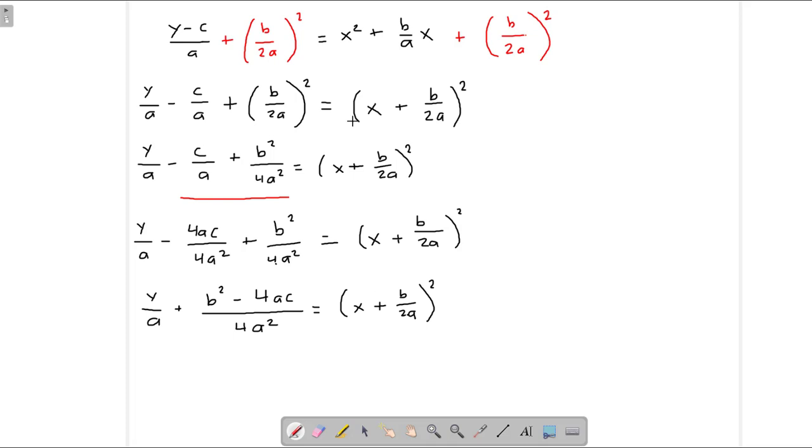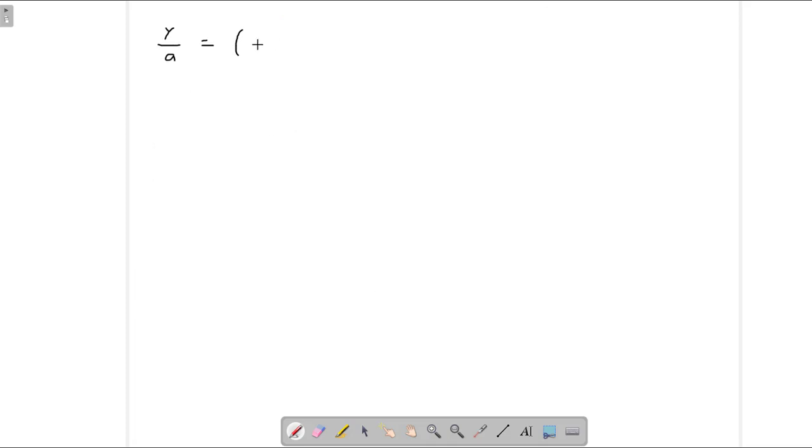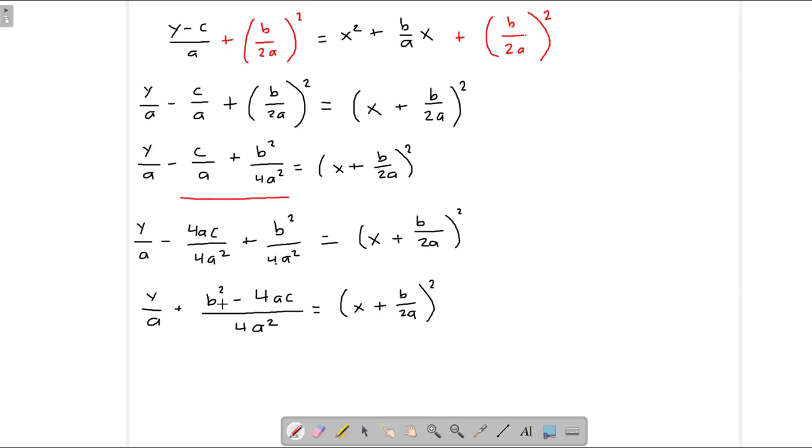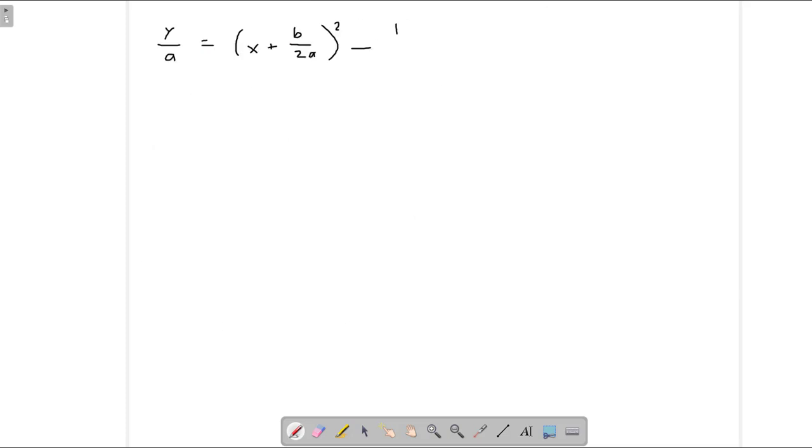So I'll first just copy this term. (x plus b over 2a) squared minus this whole thing here, (b squared minus 4ac) over 4a squared. And then the last thing I have to do is isolate my y, so multiply the whole equation by a.